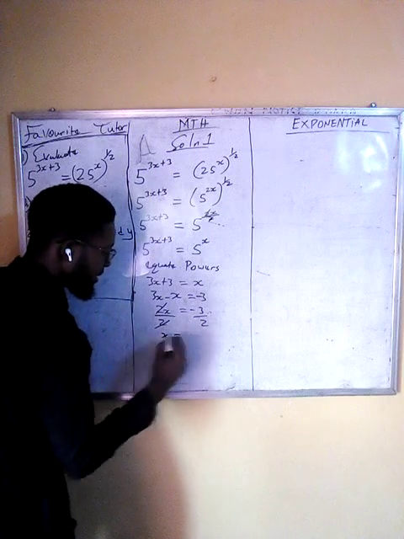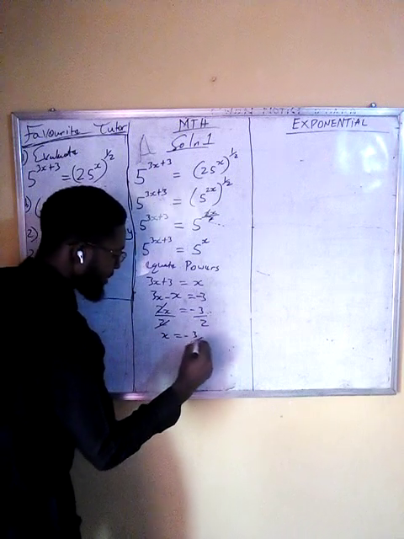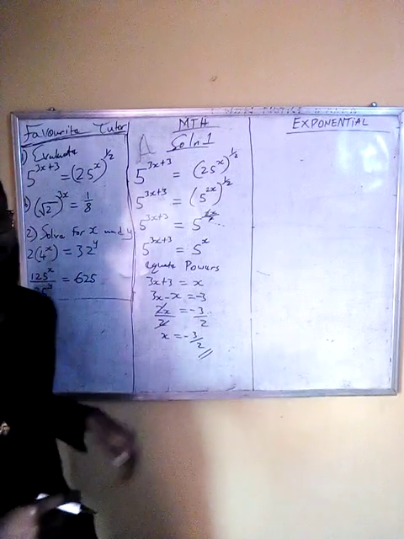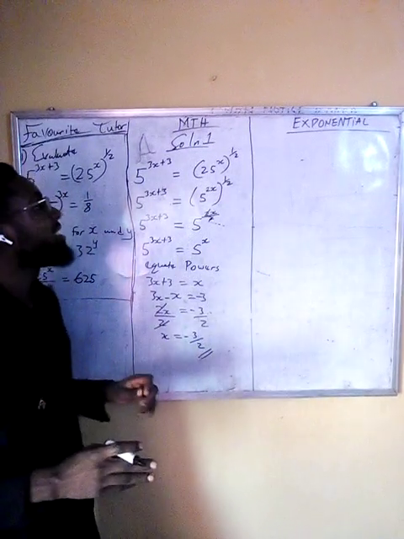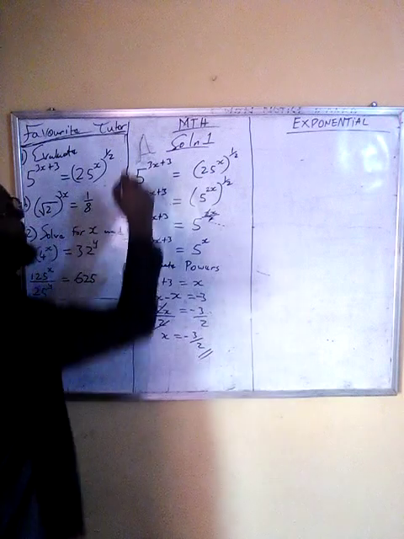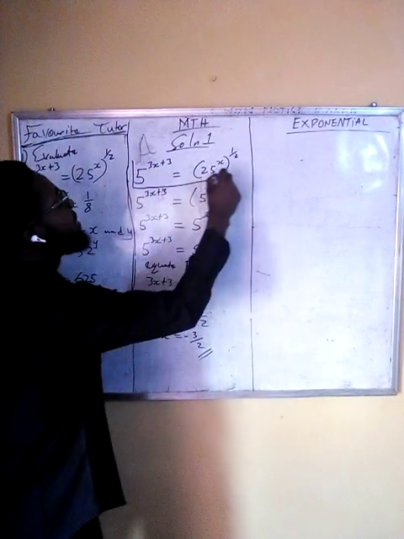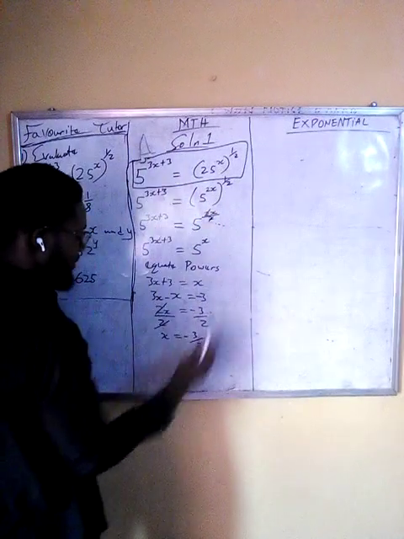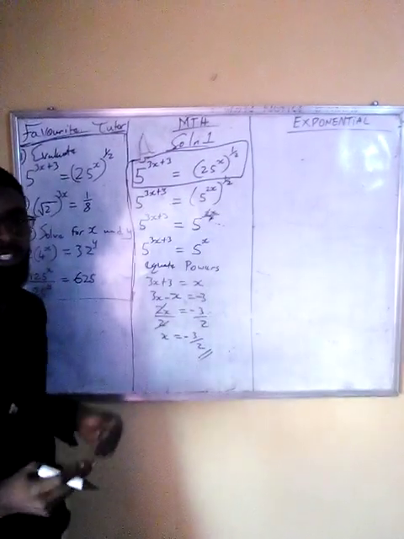Therefore x is equal to minus 3 over 2. So this is the value for x for the first one. For this equation, if we evaluate, x is equal to minus 3 over 2.